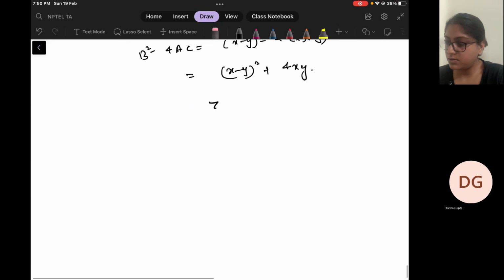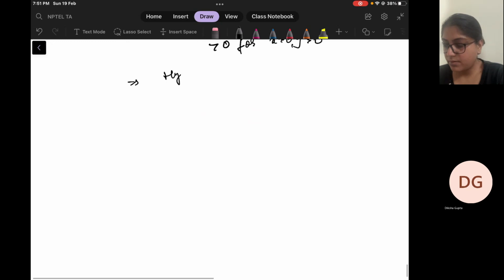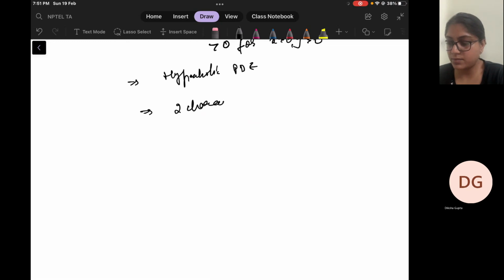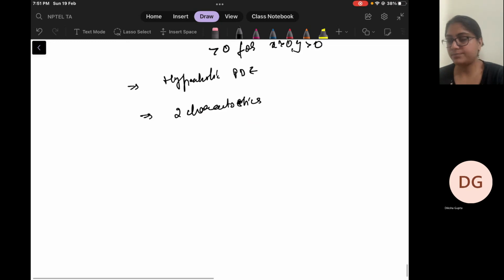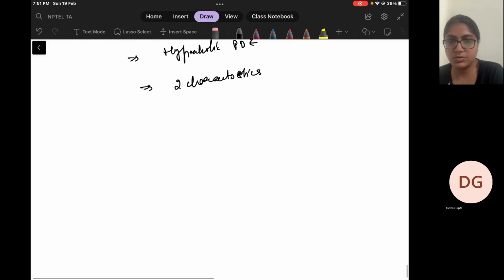So this implies hyperbolic PDE, which implies 2 characteristics. So we don't have to worry about finding the characteristics. We already have naturally two characteristics, and hence two new variables, epsilon and eta.